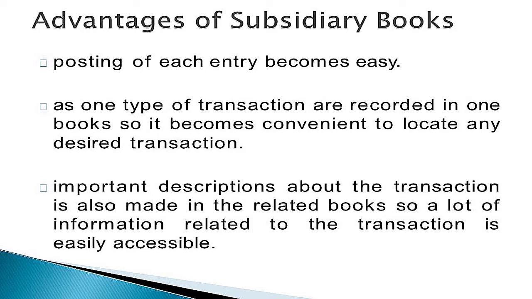One type of transaction is recorded in one book. If you take a day book, all transactions are there. If you take a sales book, only credit sales are recorded. In the purchases book, only credit purchases are recorded. Important description about the transaction is also made in the related books, so a lot of information related to the transaction is easily accessible.